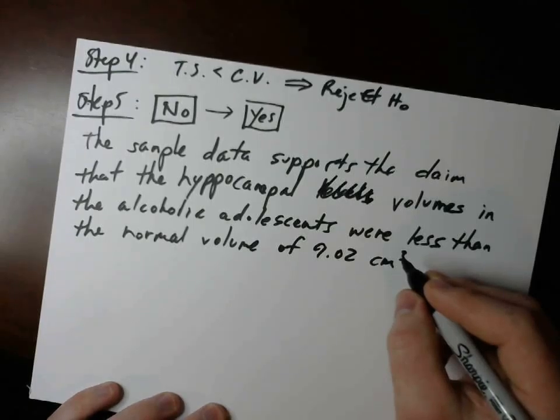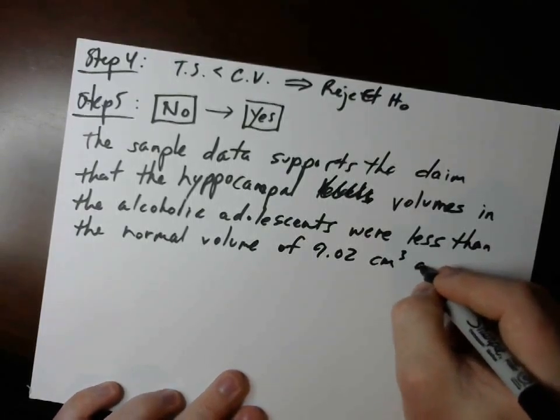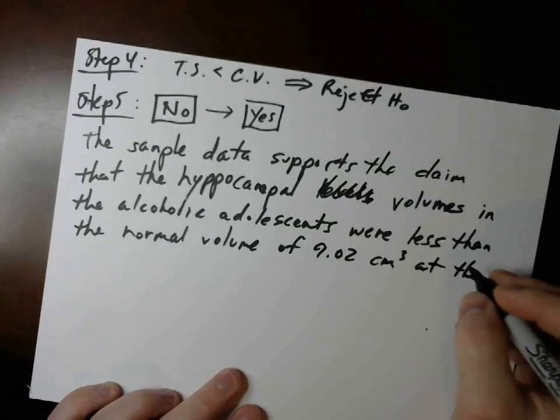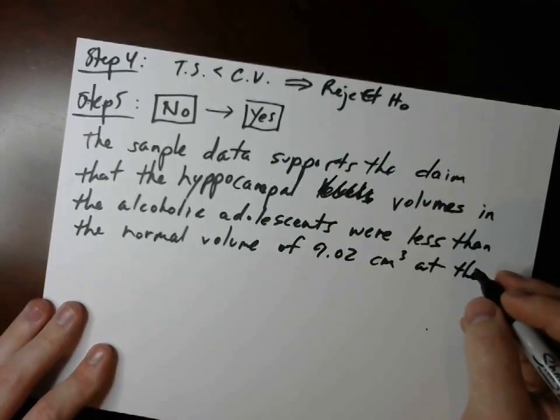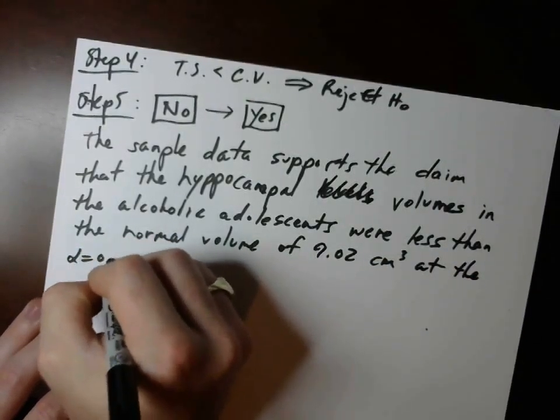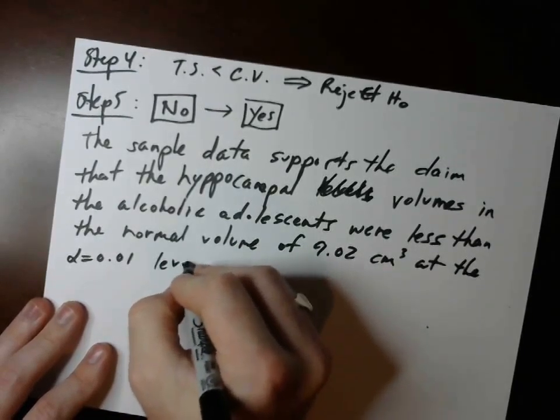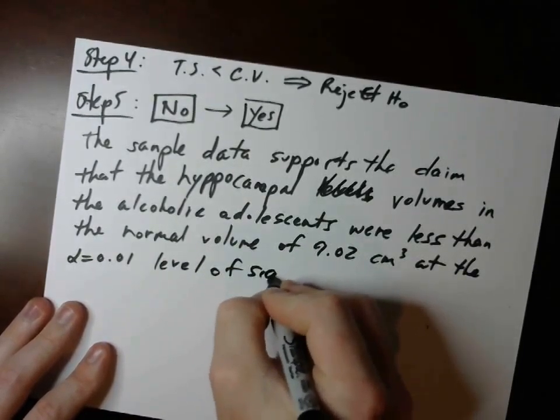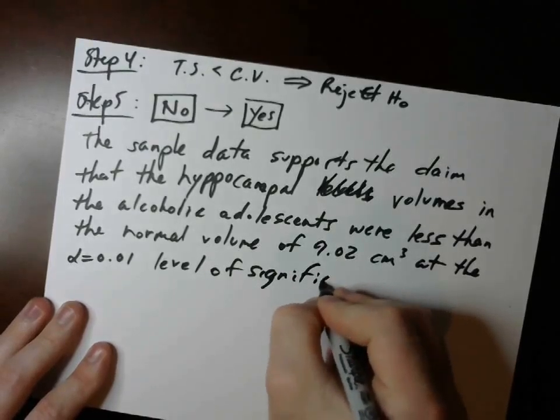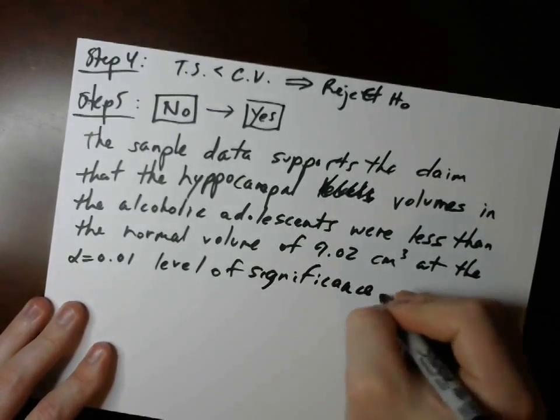And then if you want, at the alpha equals 0.01 level of significance. That is a solid conclusion.